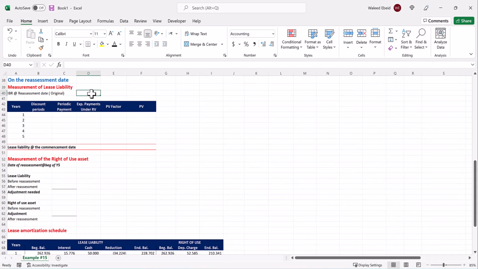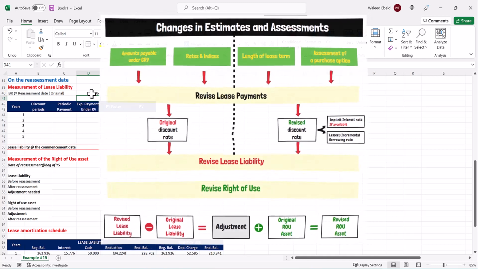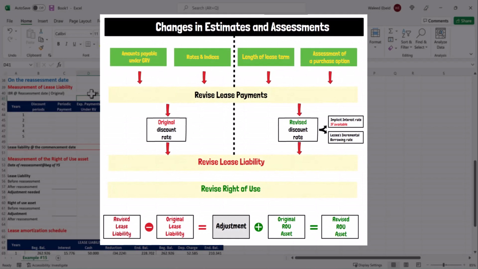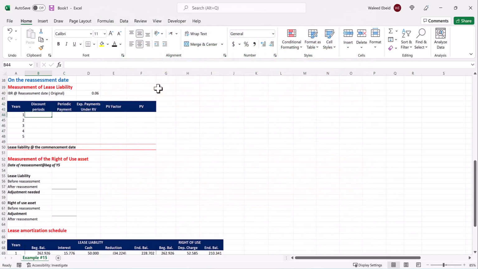This is the original discount rate of 6%. And we will use the original rate, because according to the standard, this is a change in the amount expected to be paid under residual value guarantee, and thus the original discount rate should be used. Insert the number of the remaining discount periods.